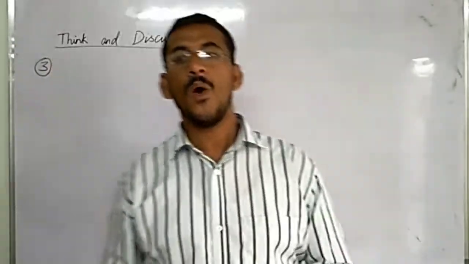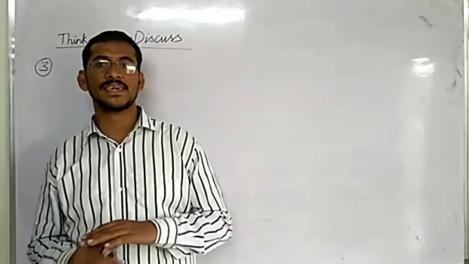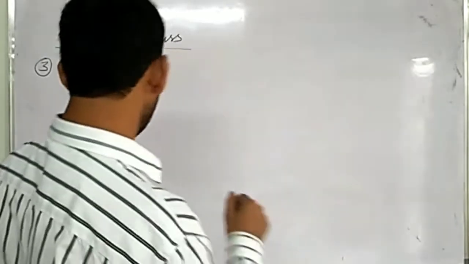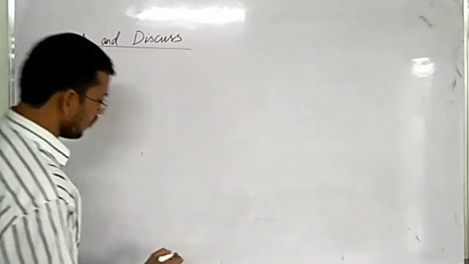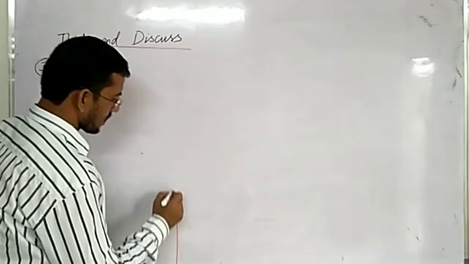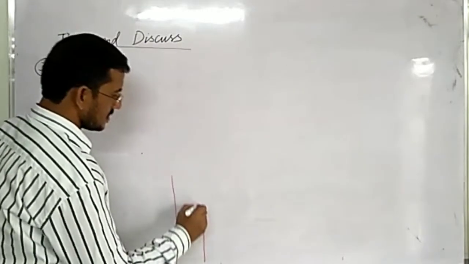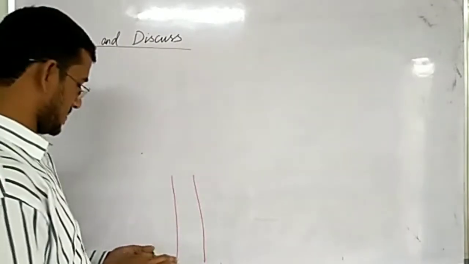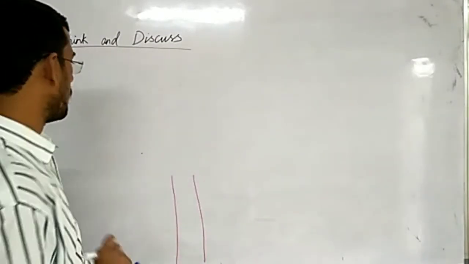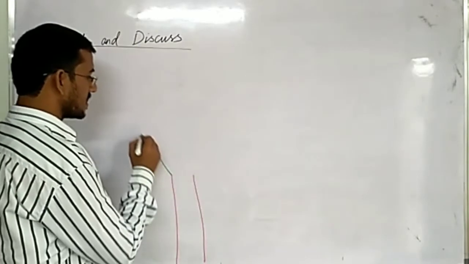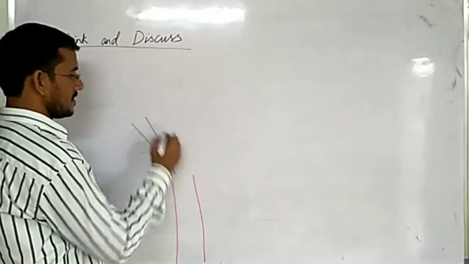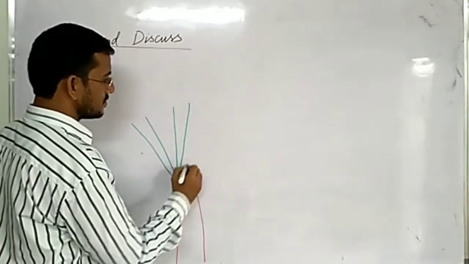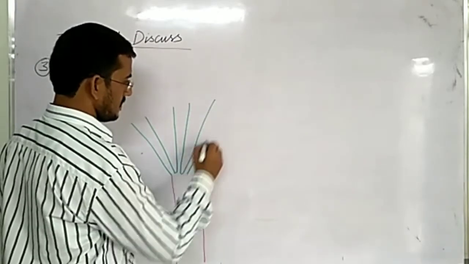The next question, why do we compare arteries to a tree? Let us see now. This is the aorta. This aorta divides into many arteries.